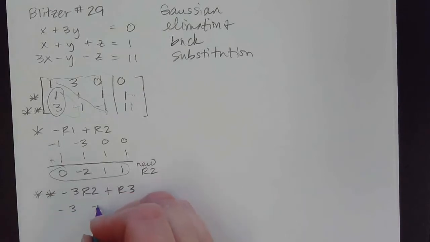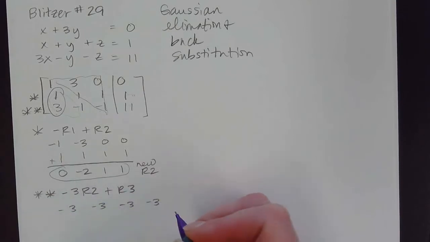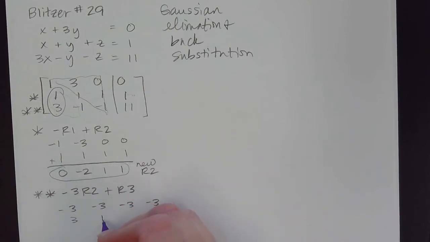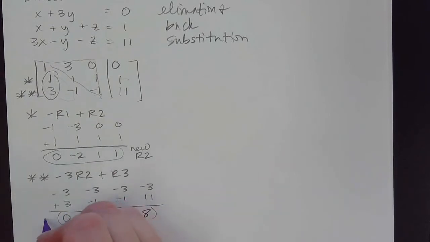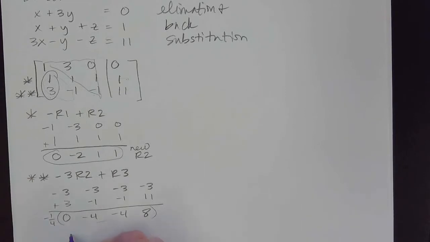So negative 3, negative 3, negative 3, negative 3, and then I need to write down row 3. And we'll add them together. And then I'm going to take that extra step and multiply this by a negative 1/4 just to reduce all of this. If I can reduce, I always want to do that. So now this is going to be my new row 3.